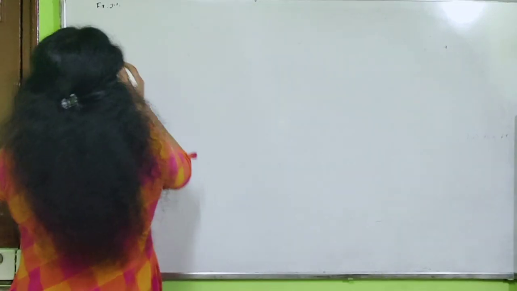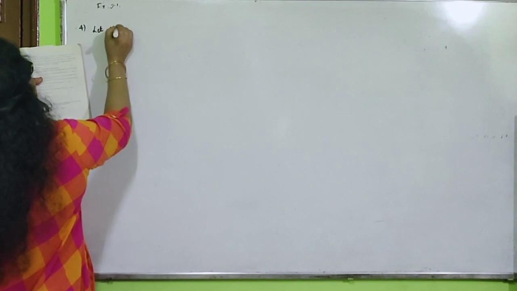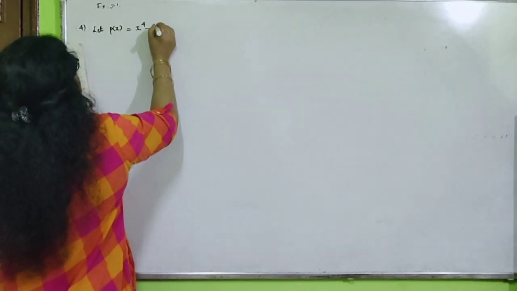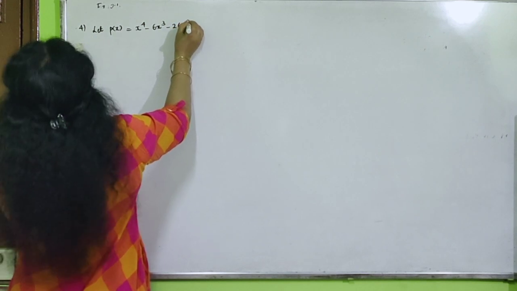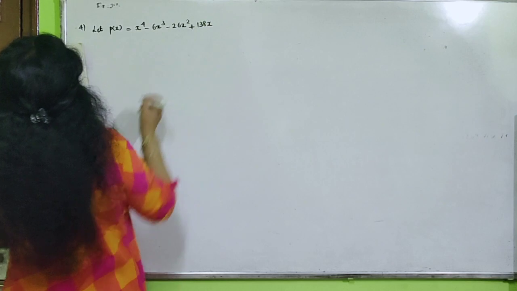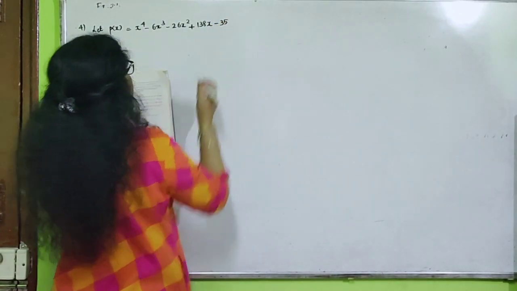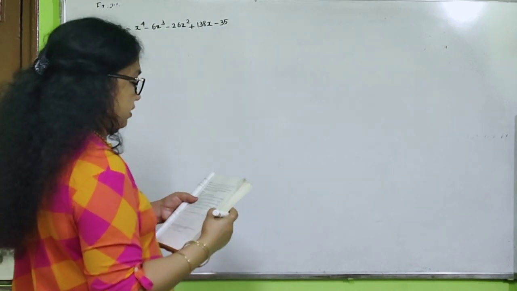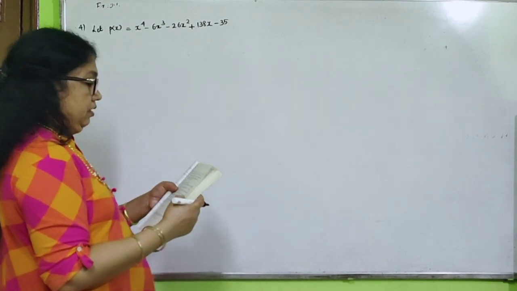So, the fourth question: let p of x be x raised to 4 minus 6x cube minus 26x square plus 138x minus 35.